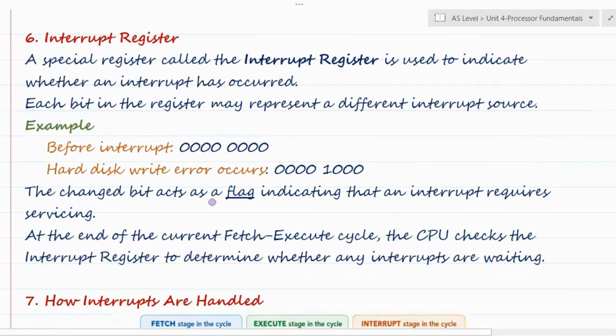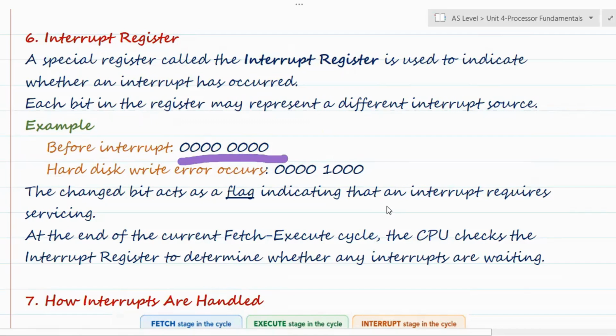to keep track of the interrupts, the CPU uses a special register called the interrupt register. Each bit in this register may represent a different interrupt source. Suppose initially your interrupt register has 000000000 stored in it.